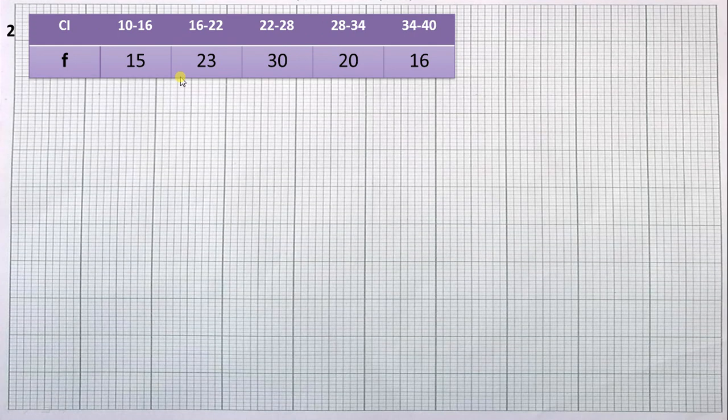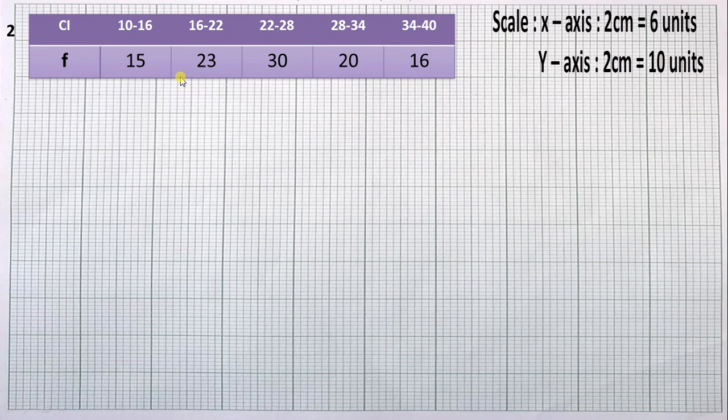Use your graph paper. Let us fix the scale on the x-axis and y-axis. The size of the class interval: 16 minus 10 is 6, 22 minus 16 is 6, 28 minus 22 is 6 and so on. Hence, on the x-axis, 2 centimeter, exactly one box on your graph paper, is equal to 6 units.